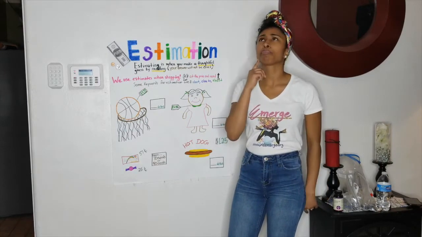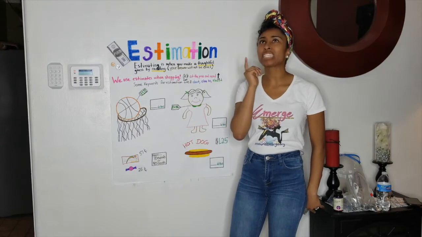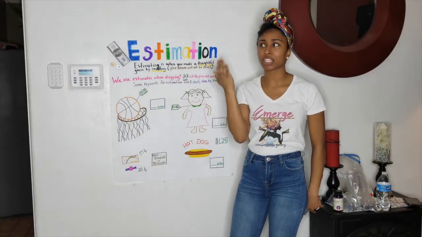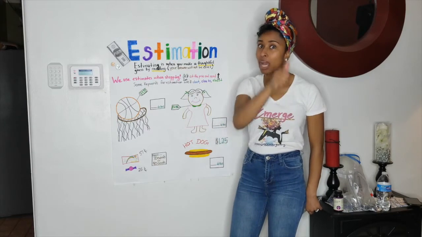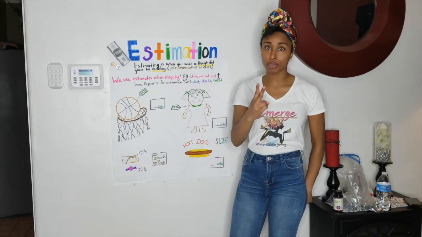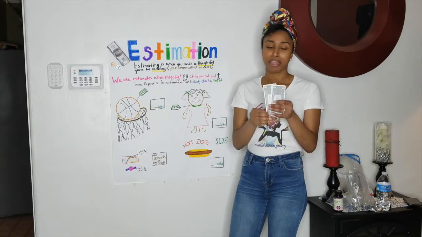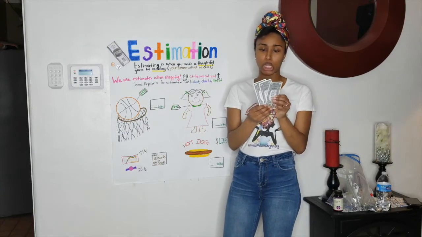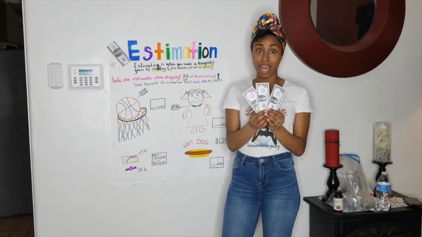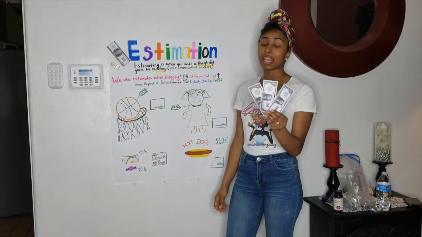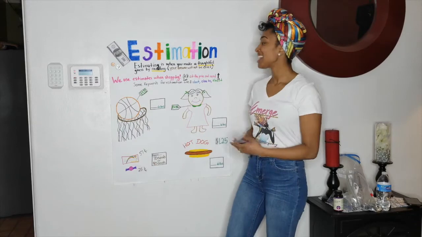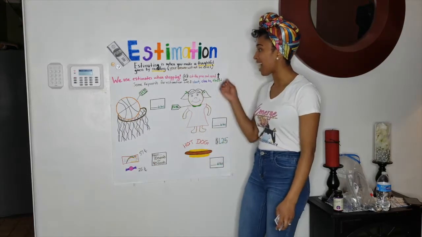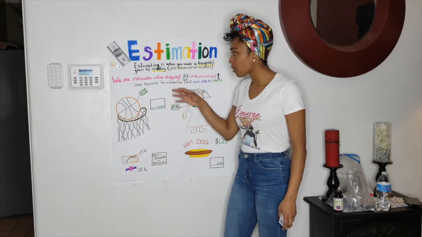You have to think, about how many dollars would I need to pay for this item that is $2.75? I need to round up to the nearest dollar. So after $2, I get $3. So if I round it up, I would say I need about $3 to pay for this, okay? Now, you heard me using the word about.